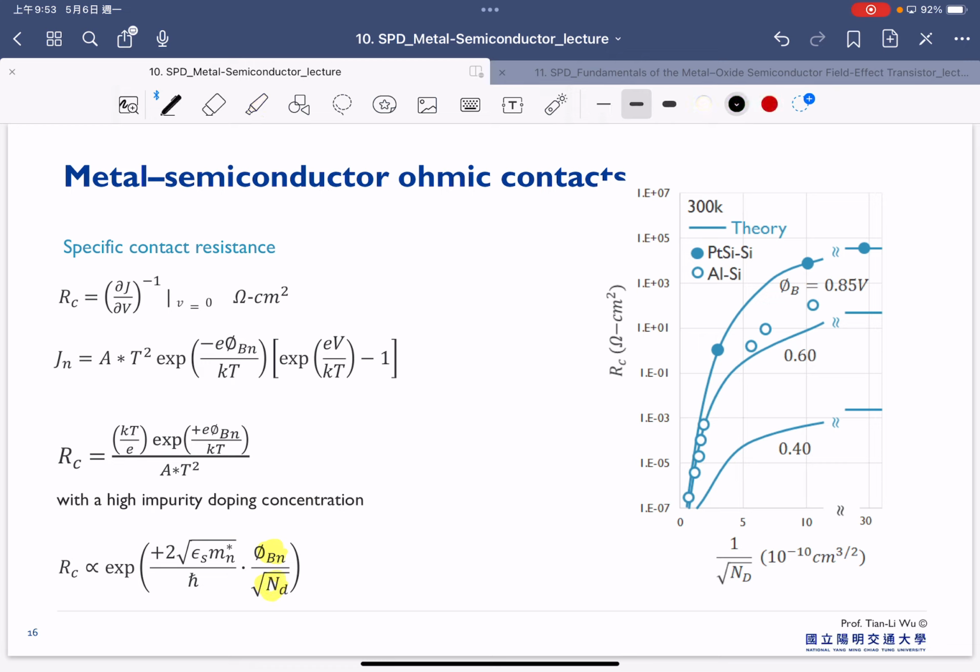So the idea to design a good ohmic contact, to design a low contact resistance, is usually to decrease our barrier. We have to find the metal that can decrease the barrier height, or else we increase the concentration. So in this case, we can always make sure that we get the RC as low as we can.